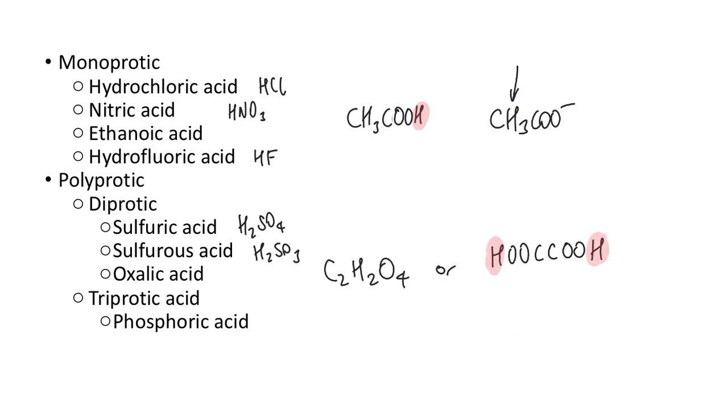Oxalate is the substance that is formed, OOCCOO with 2 minuses. We will learn more about that structure in year 12, but you should recognize that oxalic acid is a diprotic acid. And then we have phosphoric acid, which is H3PO4.